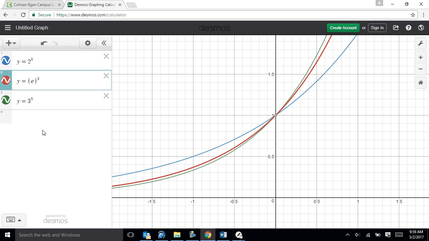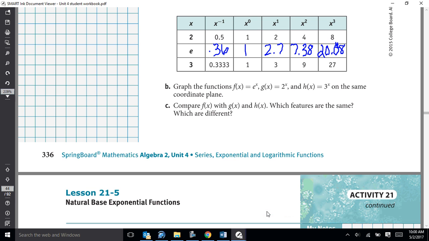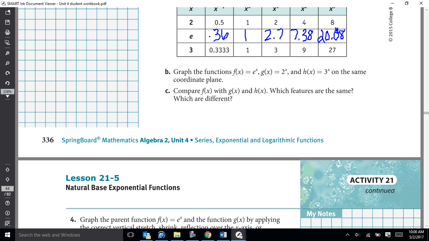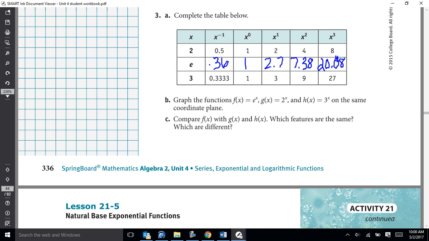So since the base is between, it makes sense that the graph is between, right? So what number do they all have in common? What output? 1, right? When x is 0, they all equal 1.